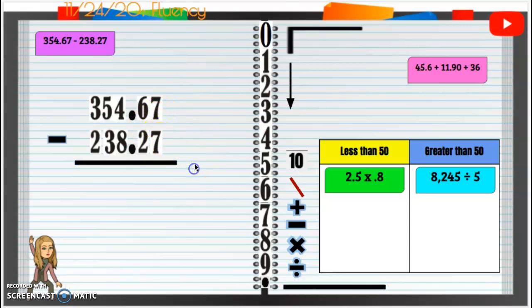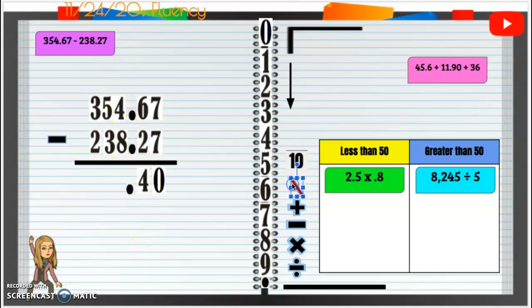7 minus 7. Bada bing, bada boom. That's 0. 6 minus 2. 6, 5, 4. I need some more zeros. All right, so what do I do with that decimal? Drop it like it's hot. 4 minus 8 we cannot do.